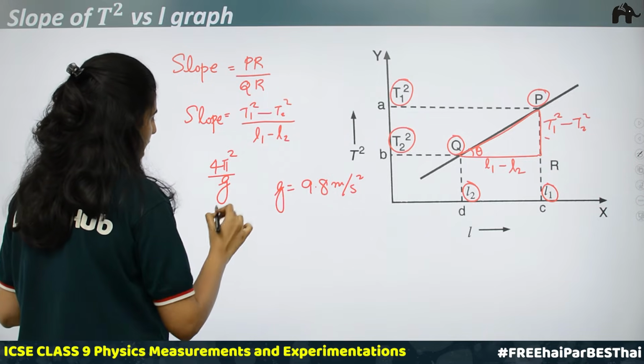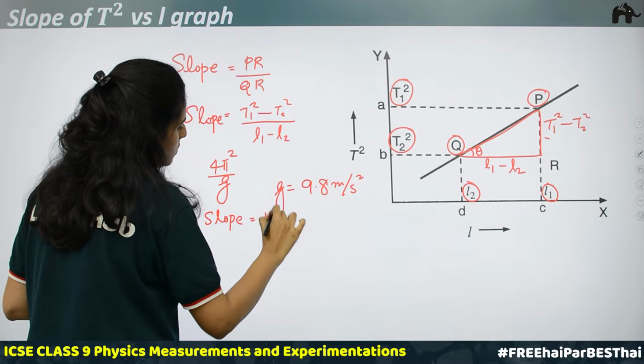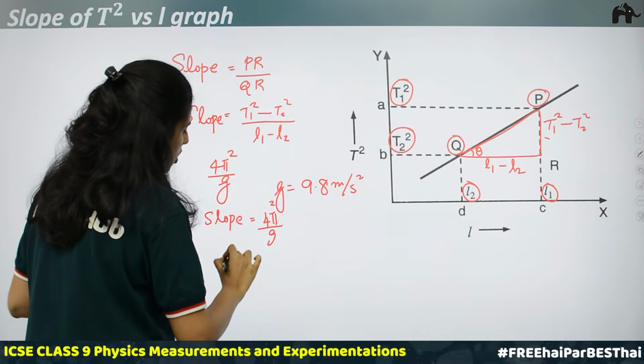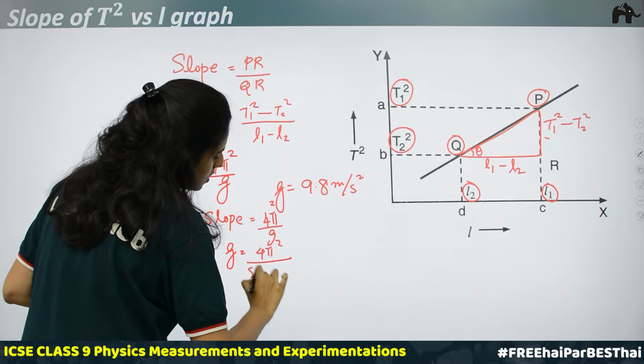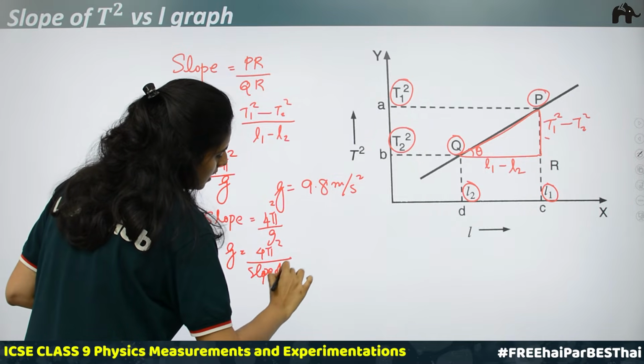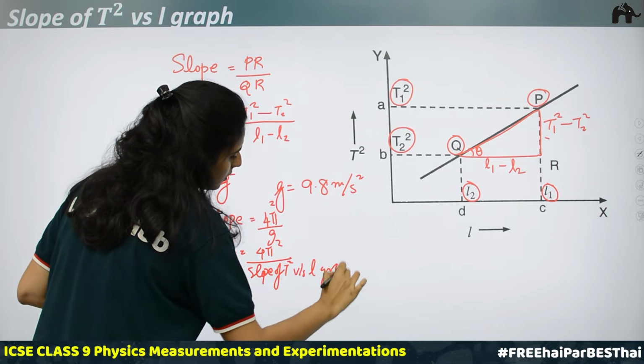So here we will be having slope is equal to 4 pi square divided by G, or you can say G is equal to 4 pi square divided by slope of t square versus L graph. Okay.